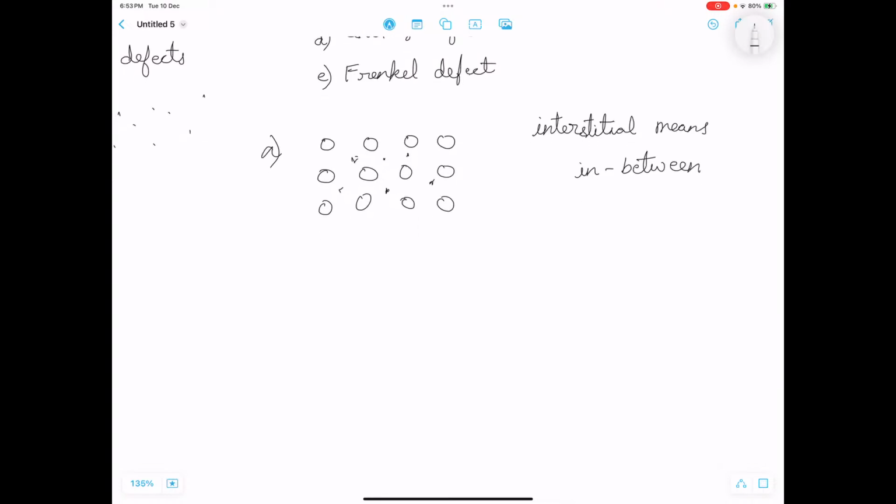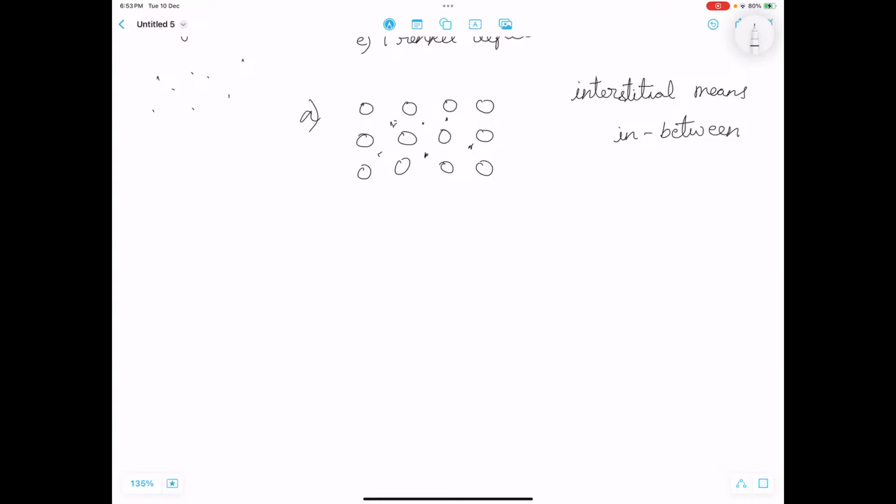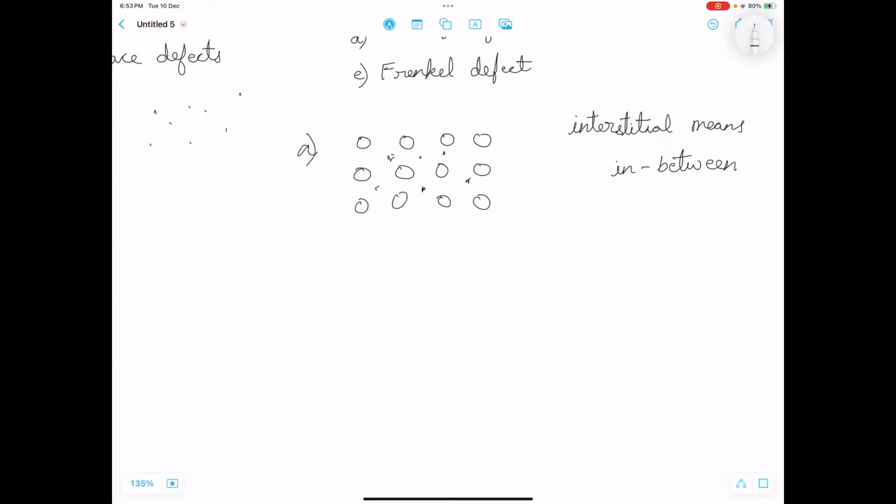Now comes substitutional defect. Here an atom in the lattice is replaced by a different type of atom. So what happens is this, suppose this is the lattice. I'll use the eraser to wipe these off.